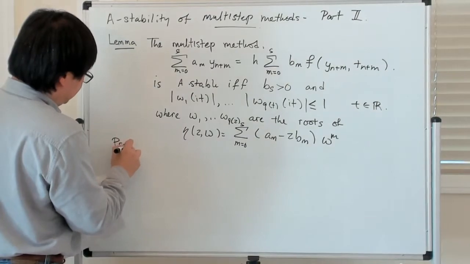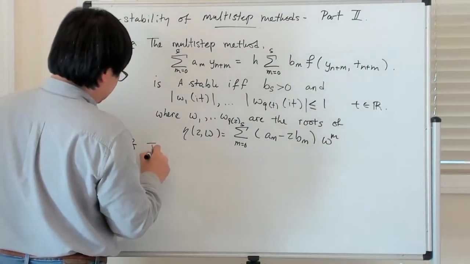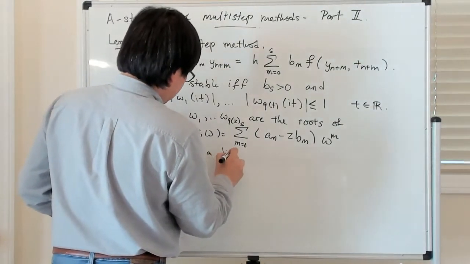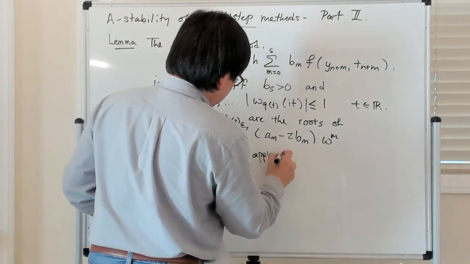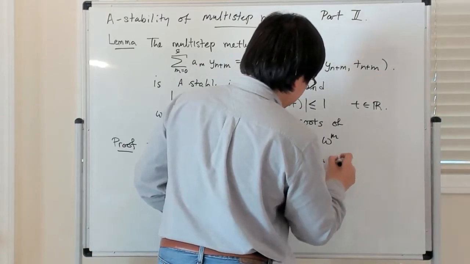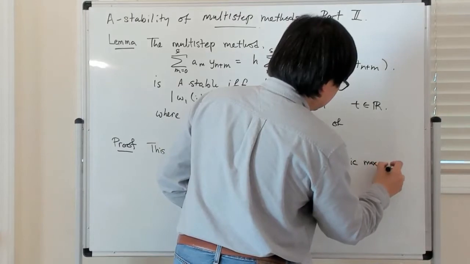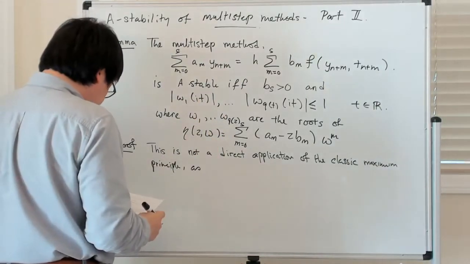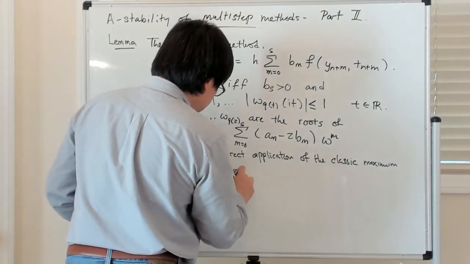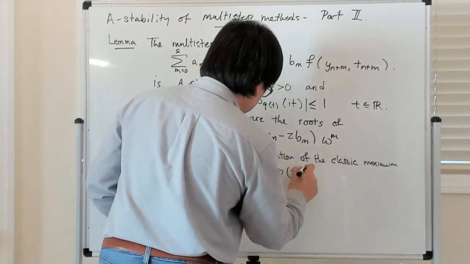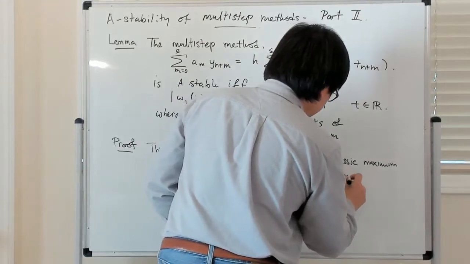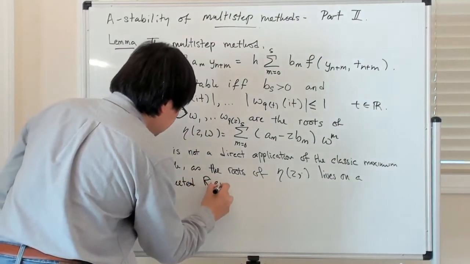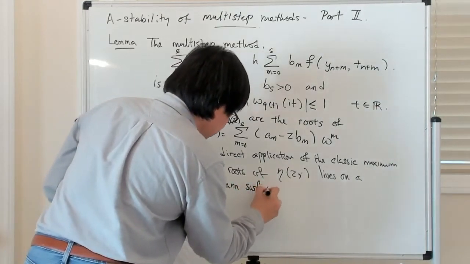Let me just sketch the proof. This is not a direct application of the classic maximum principle, as the roots of this characteristic polynomial live on an S-sheeted Riemann surface over the complexes.